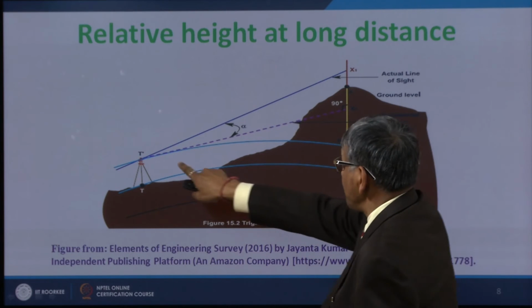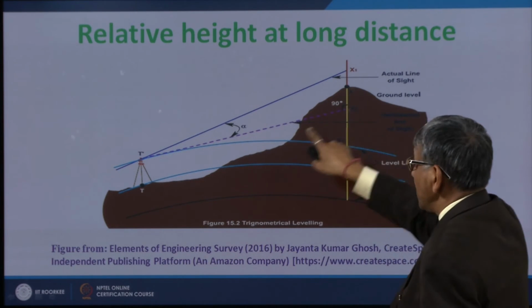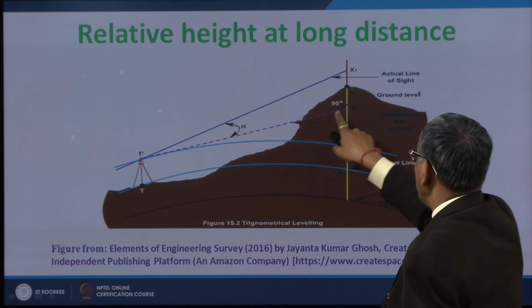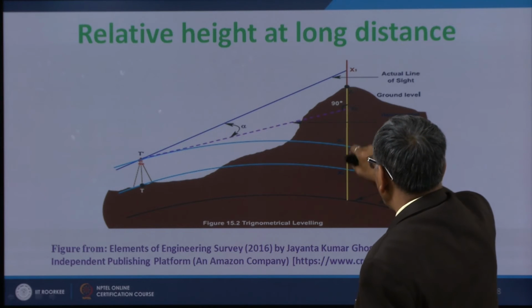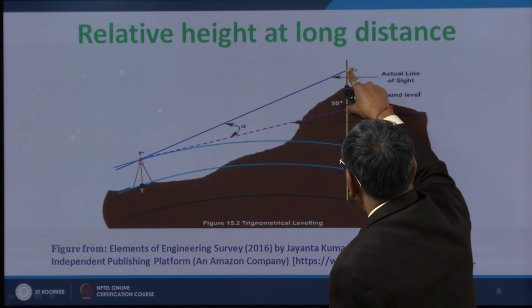This is the horizontal line of sight. So, this is the curvature error which we should add.